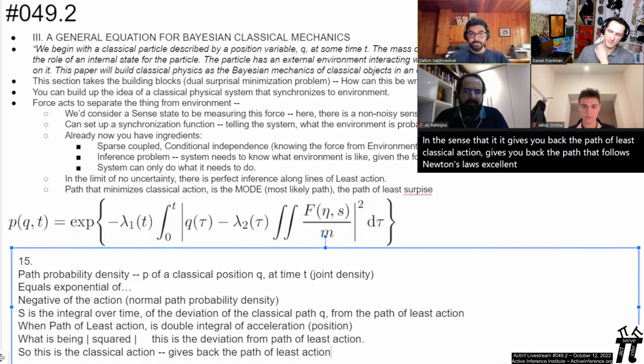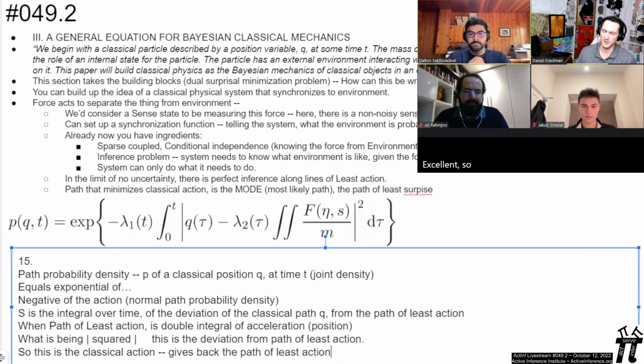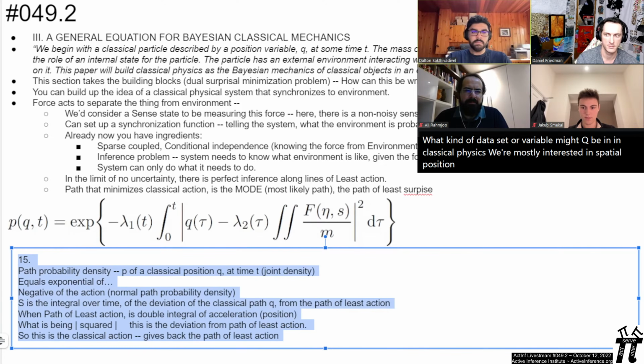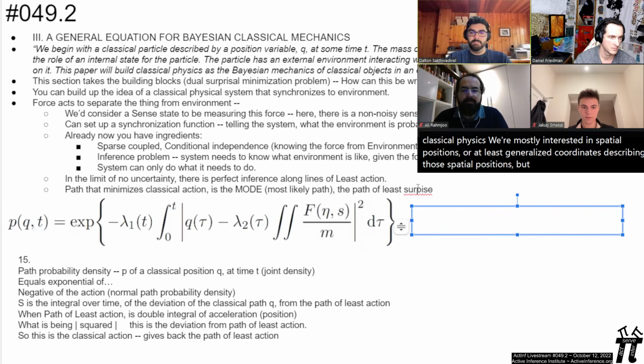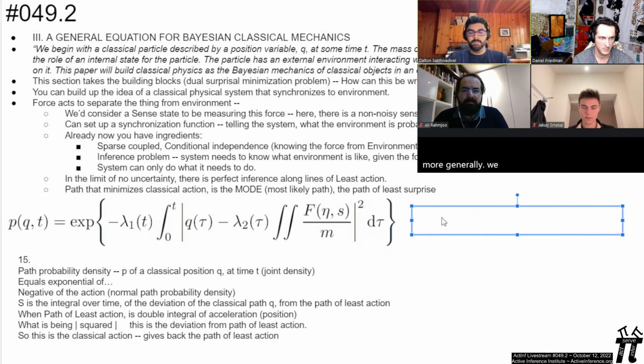Excellent. So to bring it closer one level, what variable might we be talking about? Like what kind of data set or variable might Q be? In classical physics, we're mostly interested in spatial positions, or at least generalized coordinates describing those spatial positions. But more generally, we could talk about a lot of things.